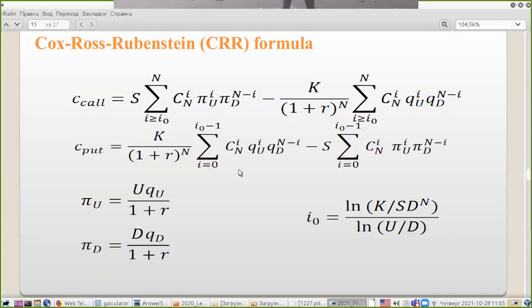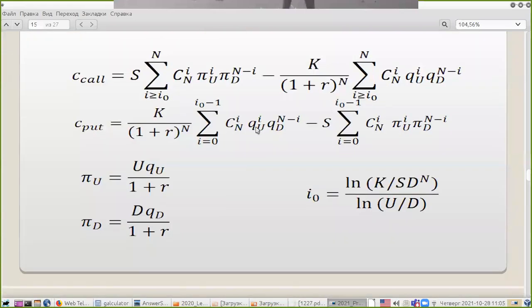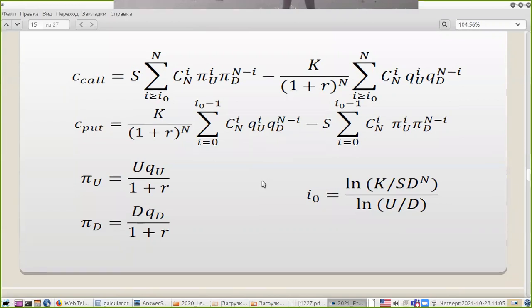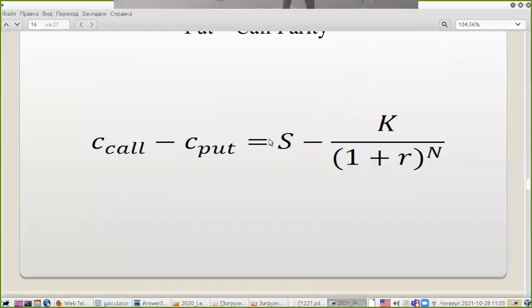It is the binomial Newton formula, Q_U plus Q_D to the power n, but Q_U plus Q_D is 1, so instead this sum will be only 1. So we have a very simple formula, the link between call price and put price of options.